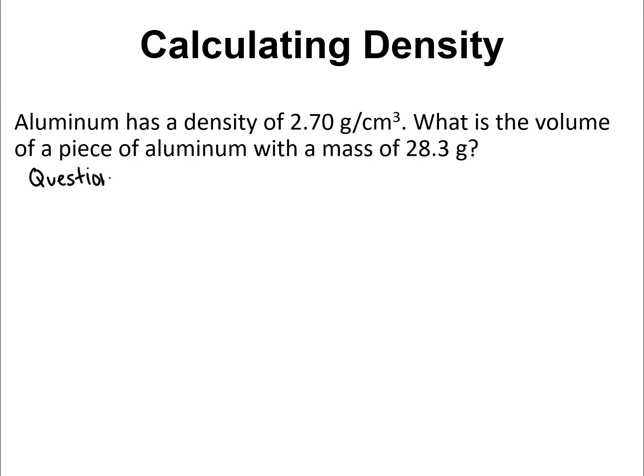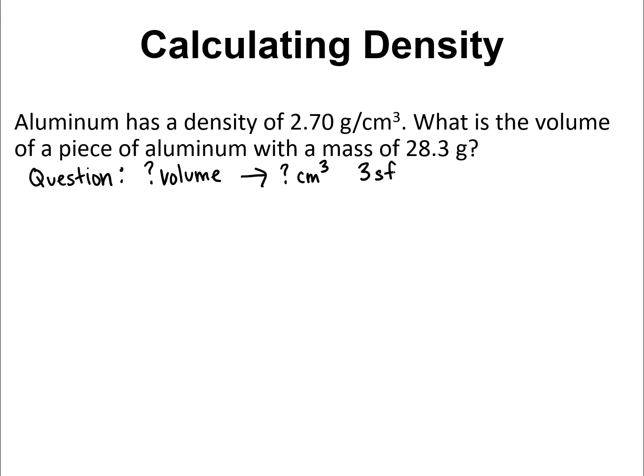This is still a density question, but this time we need to know the volume. We're dealing with a solid. Aluminum is a metal, it's solid. So that means that our units are going to be centimeters cubed. How many sig figs should we include in our answer? 3 sig figs. Right.